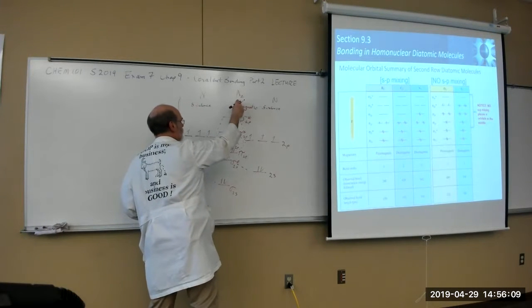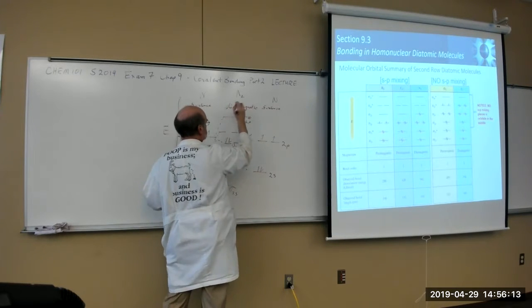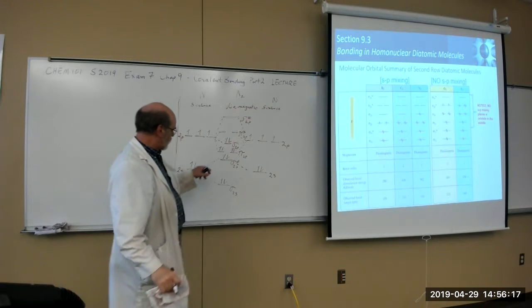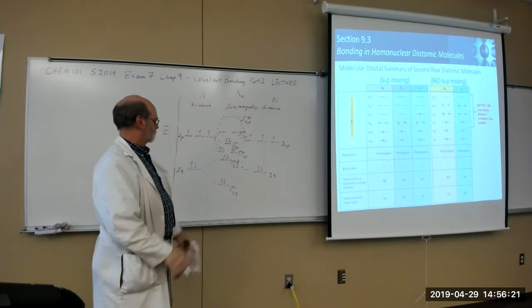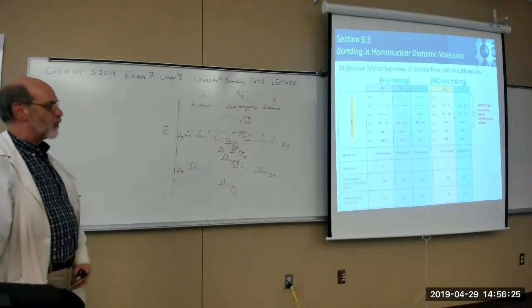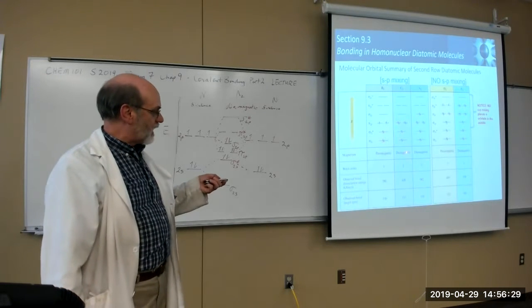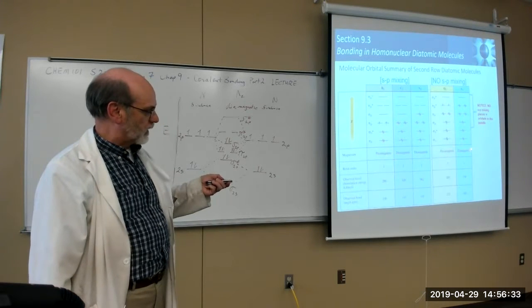And now we know that dinitrogen is diamagnetic. It does not respond to a magnetic field because all of its electrons are paired. Okay? You can do that with any of these and justify paramagnetism versus diamagnetism for each one.